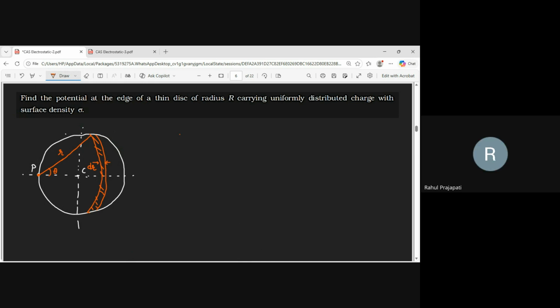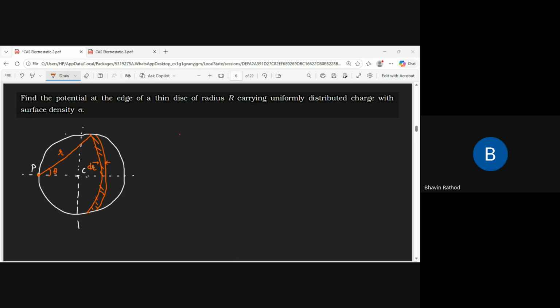I didn't get how you are considering that ring. It's a disk, right? Thin disk. Yes, it's a disk. So the ring has to be on the surface of the disk. The disk has a very small thickness though, right?